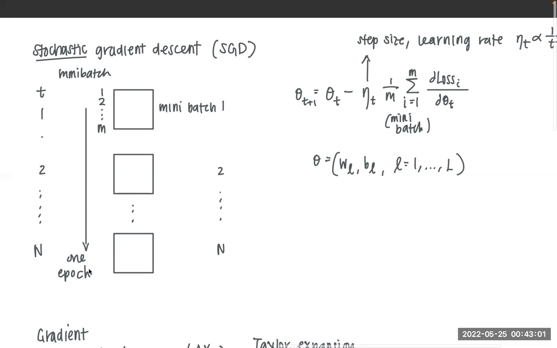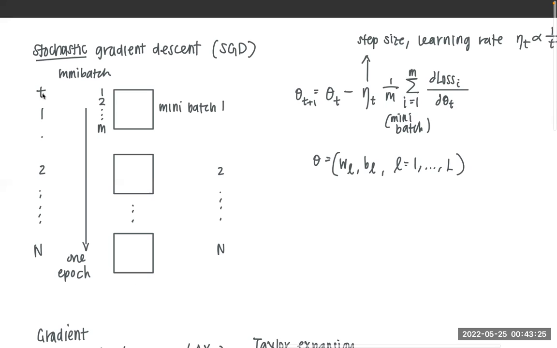This is called one epoch. But for other data, not as big but still very big, you may go over like 100 or a few hundred epochs. One epoch means that you go through all those mini batches in your data set.